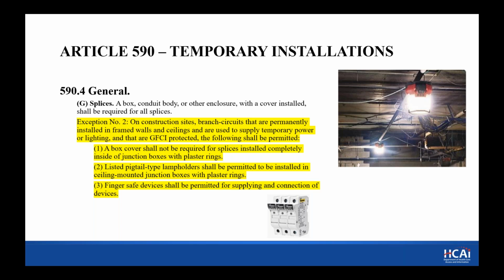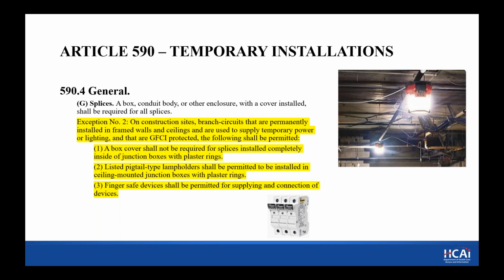So again, this is using the permanent pathway conduit and box system that's going to eventually be used for the permanent lighting, to use that temporarily for temp power during construction is acceptable without covering the boxes.